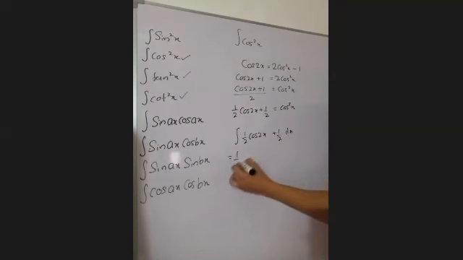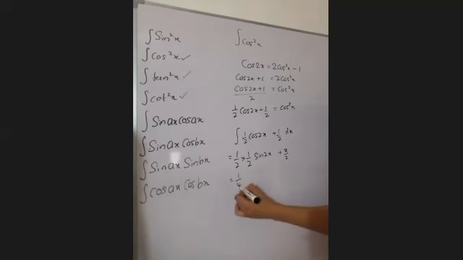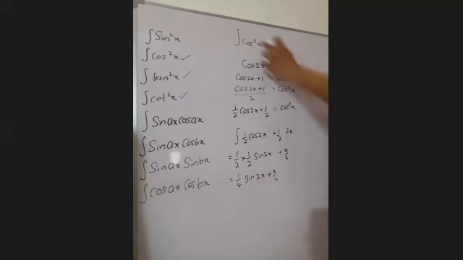What is the integration of cos 2x? 1 over 2 sine 2x. We have already learned yesterday how to integrate this. Plus the integration of 1 over 2 is x over 2. So your final answer is 1 over 4 sine 2x plus x over 2. This is the integration for cos squared x.